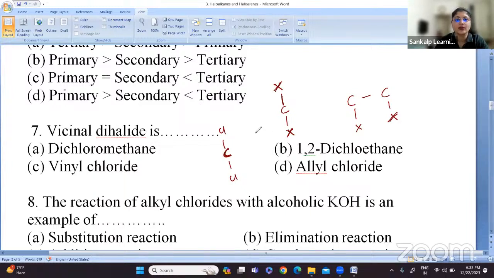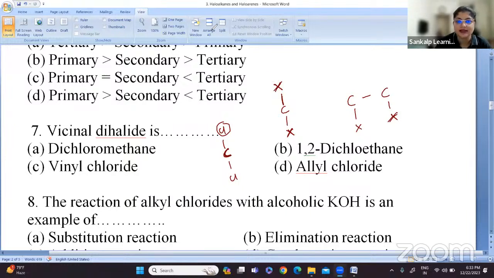Yes, students, what are they called as? Can anybody answer? Yes, what are they called as if the halogen atoms are attached to the same carbon atom?